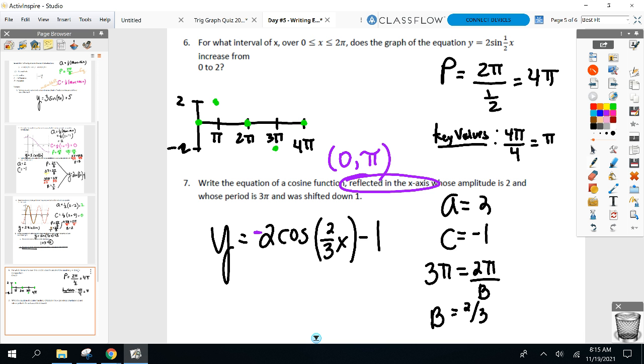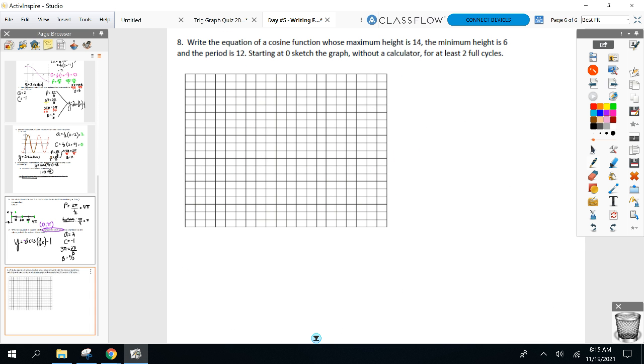All right, one more big one here on your own. Don't graph. Just find your a, b, and write the equation first. This one's it. I haven't given you much. I gave you the max, the min, and the period. Find a, b, and c now.